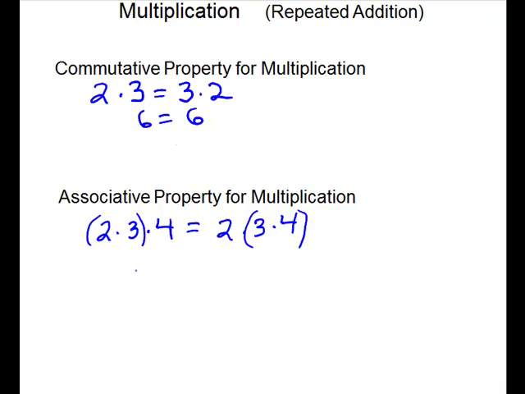So 2 times 3 would be 6 times 4, gives us 24. On the other side, 3 times 4 gives us 12. So in the middle it looks different, but at the end it gives you the same answer. So this allows us to change the order. We can multiply in any order that we want.